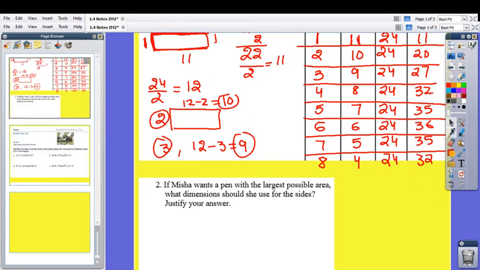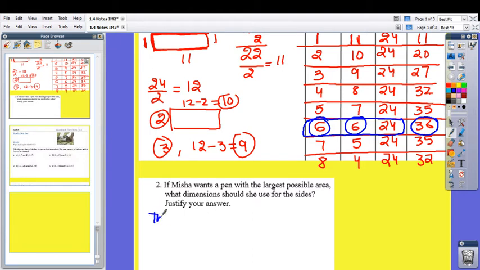So if you come down here and you check, then the largest area we got was 36. After that, it started going down again. So the largest area is 36, and the dimensions at that time are both sides the same and they are 6 feet, right?